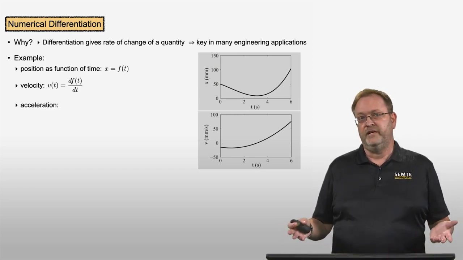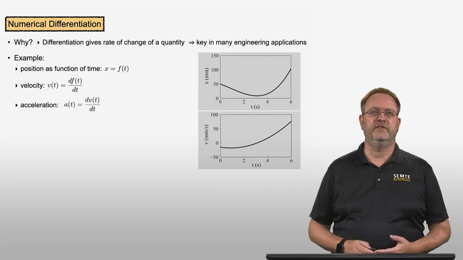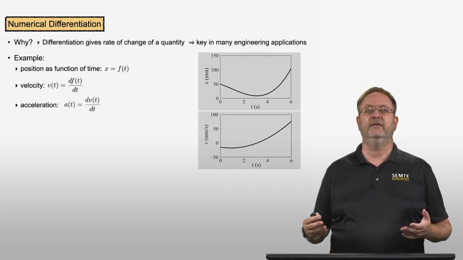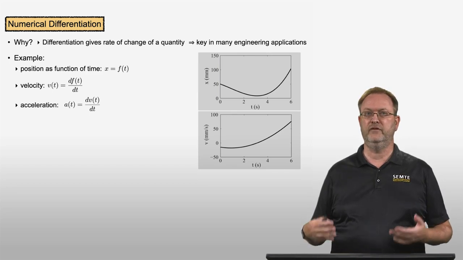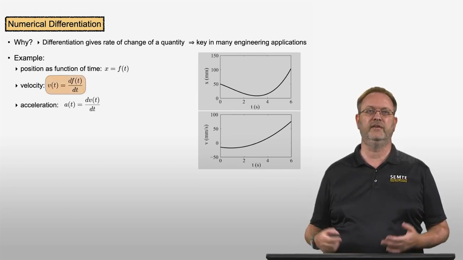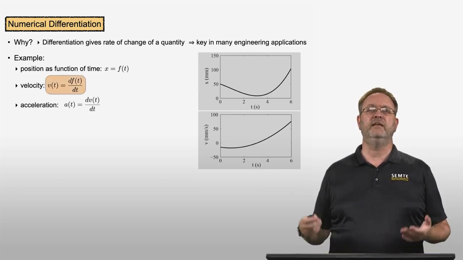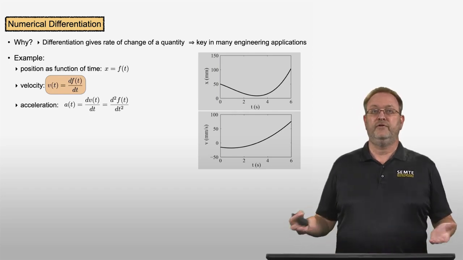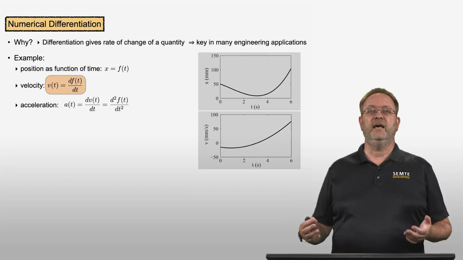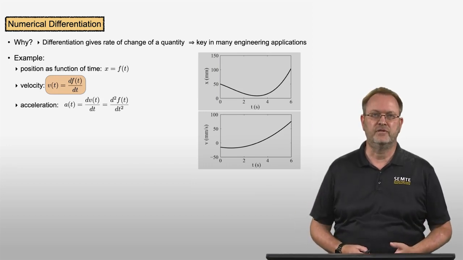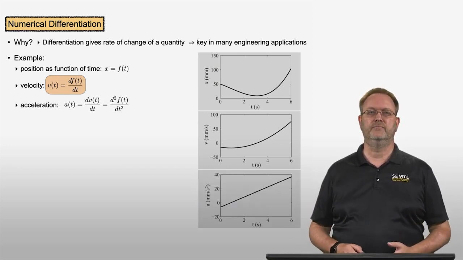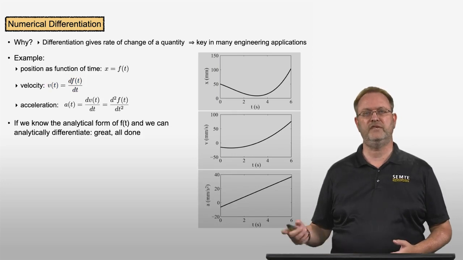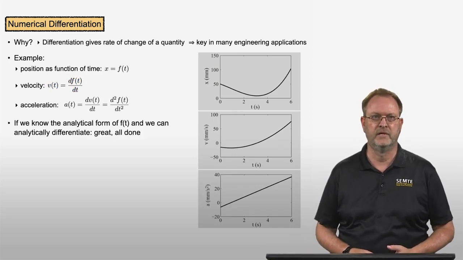Now, furthermore, if you're interested in the acceleration of this object, then we would take again the derivative of the velocity function. That would give us the acceleration. But then the velocity itself is the derivative of the position. So therefore, the acceleration is really the second derivative with respect to time of the object's position. That's shown here as an example as well.